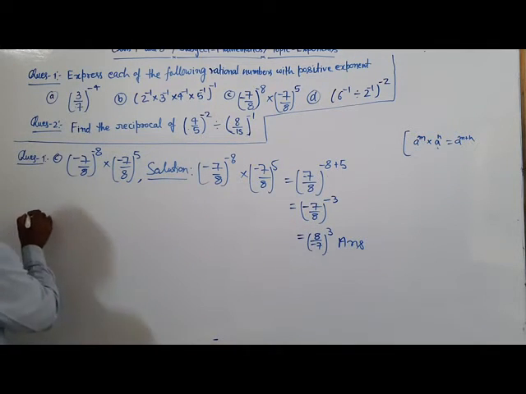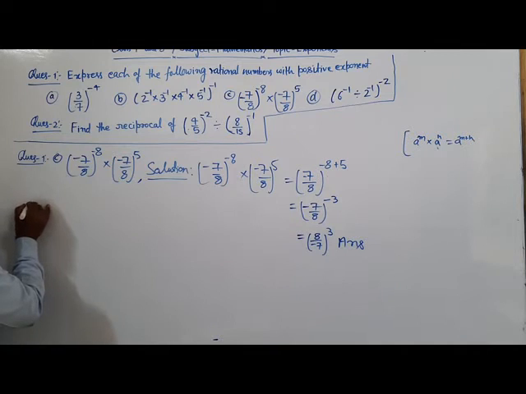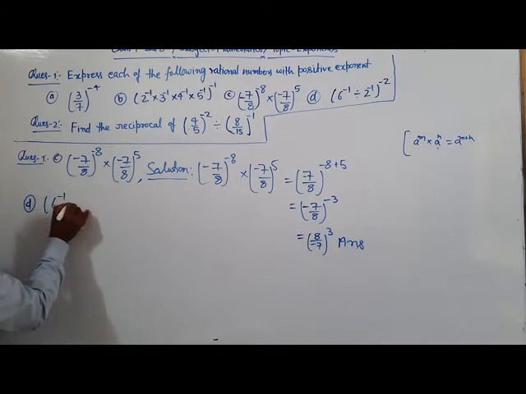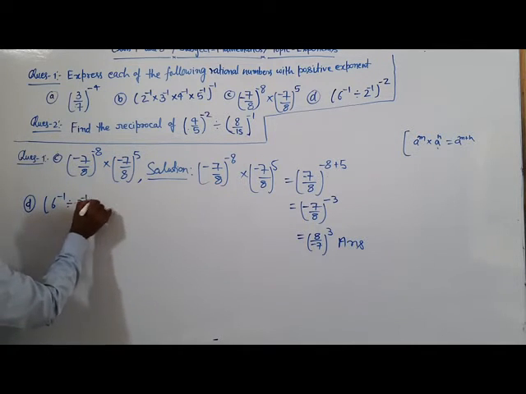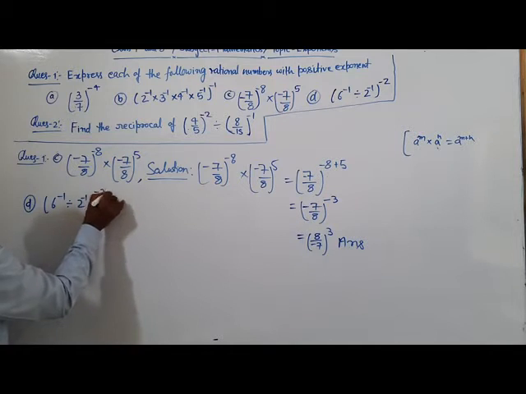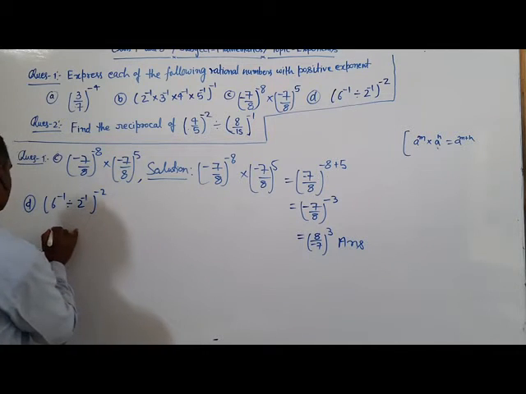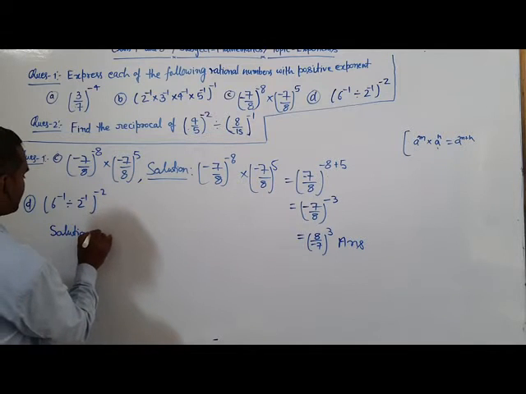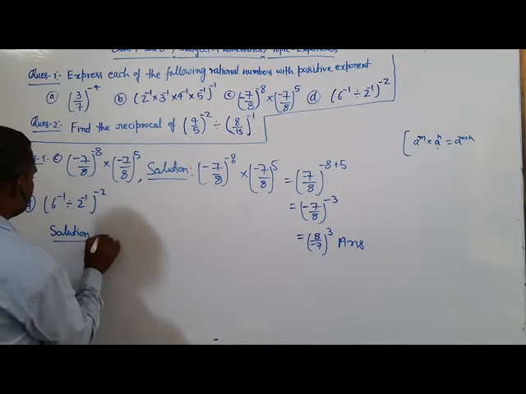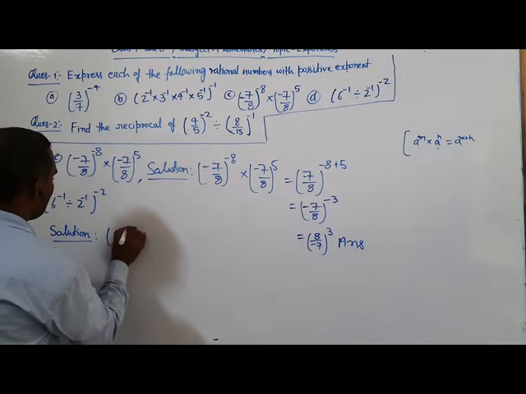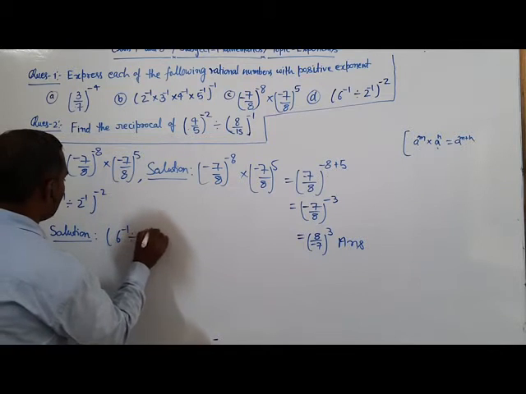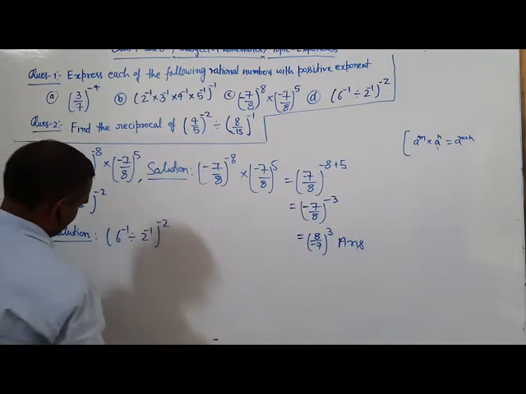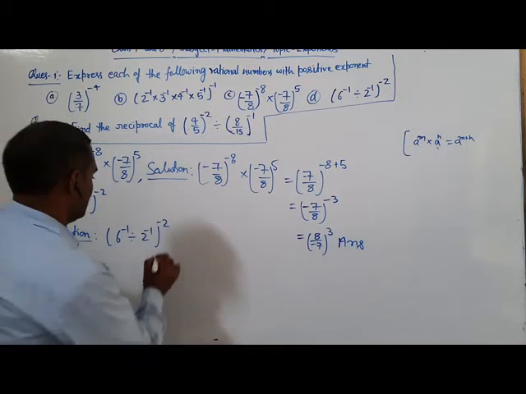And option D is (6^-1 ÷ 2^-1)^-2. Solution: (6^-1 divided by 2^-1)^-2.